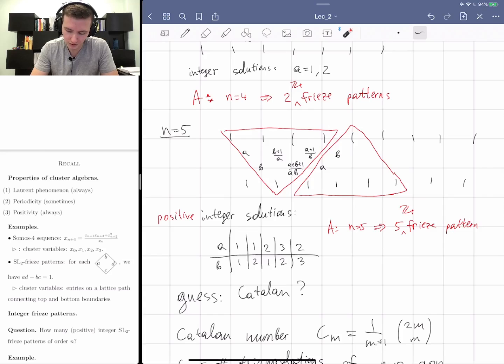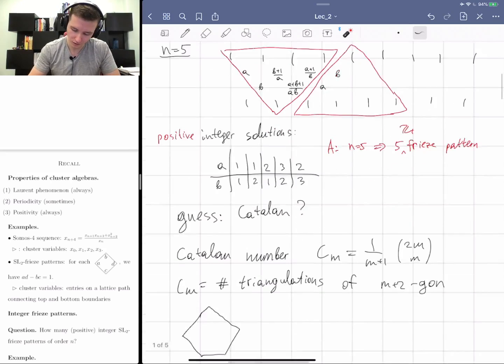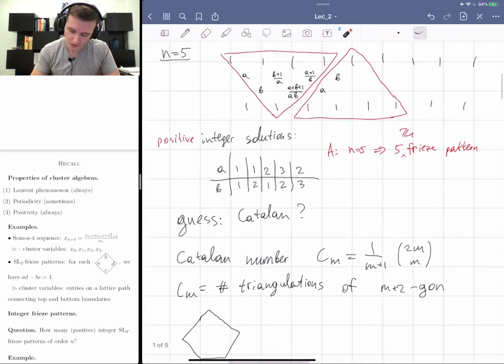So I think one of them is supposed to not come from a choice of an integer cluster. Anyways, there are going to be some examples where there is no cluster of all ones in this frieze pattern.